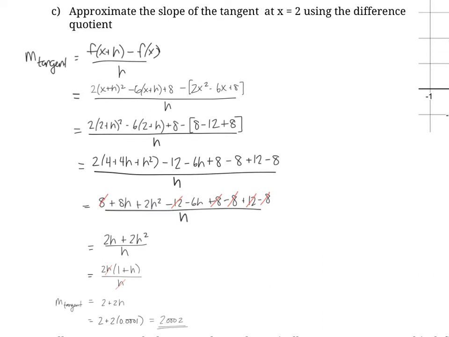Now, can't we just plug in h as 0? Wouldn't that solve our problem? Because if we plug in h as 0, notice what's going to happen here. This term's going to go away, and our slope is just going to be 2. And if we plug in numbers that are very, very close to 0, so if I plug in 0.000000001, it's just going to be even closer to 2.